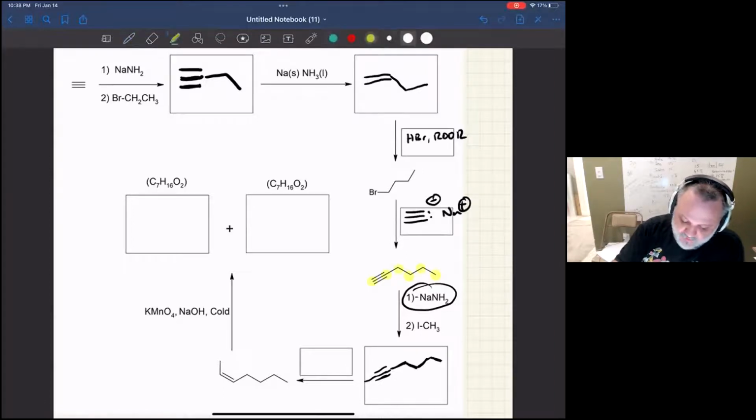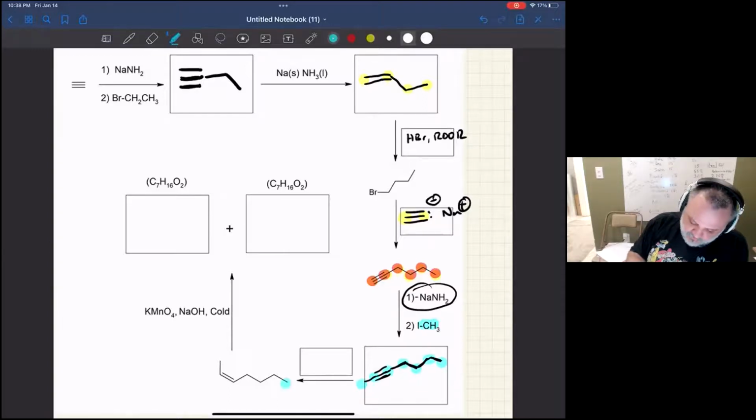So what did I do? Let's recount all of our carbons. So I had 1, 2, 3, 4. I added 1, 2 to get me 6. So that's 1, 2, 3, 4, 5, 6. Then I added 1 other carbon. So that should have a total now of 1, 2, 3, 4, 5, 6, 7 carbons.